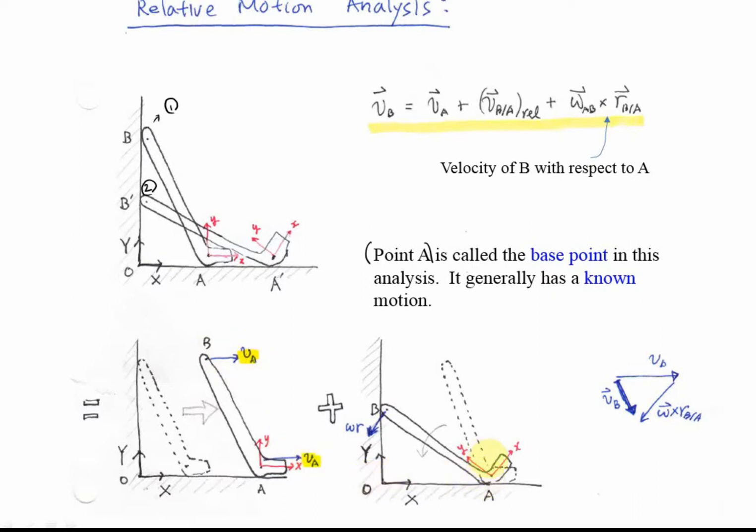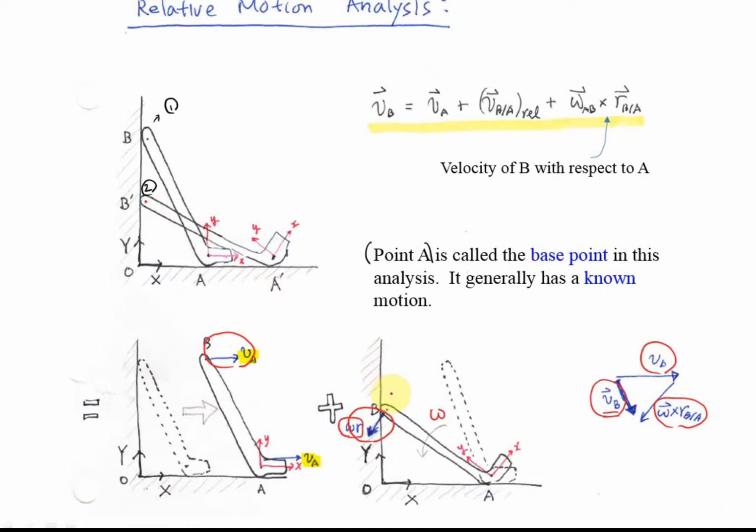And after that you rotate it with a certain angular velocity omega, then your velocity here is omega r. If you add this velocity, which is VA, and this velocity due to the rotation, that will be your absolute velocity of point B.